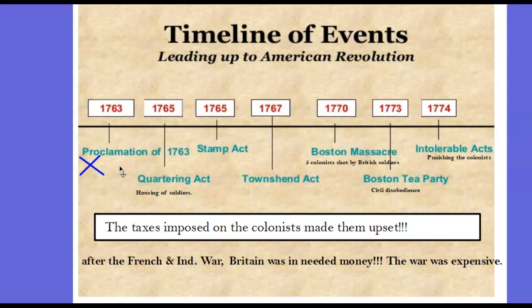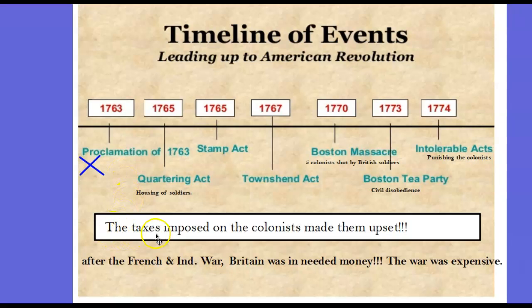Again, this was pretty much native land, and the settlers were to stay off limits. This angered the colonists, since they were hoping to settle there, and this sparked their dislike for the British government.